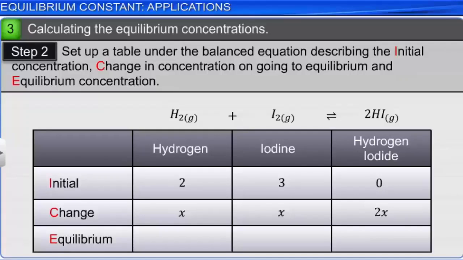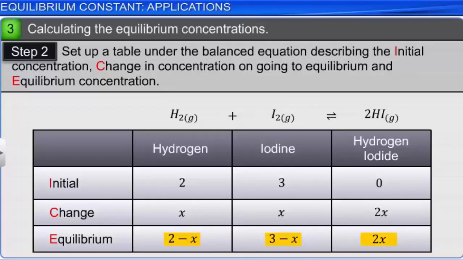Let x moles of hydrogen and x moles of iodine combine to give 2x moles of hydrogen iodide as shown in the balanced equation. At equilibrium, the concentrations of hydrogen, iodine and hydrogen iodide will be 2 minus x, 3 minus x, and 2x, respectively.